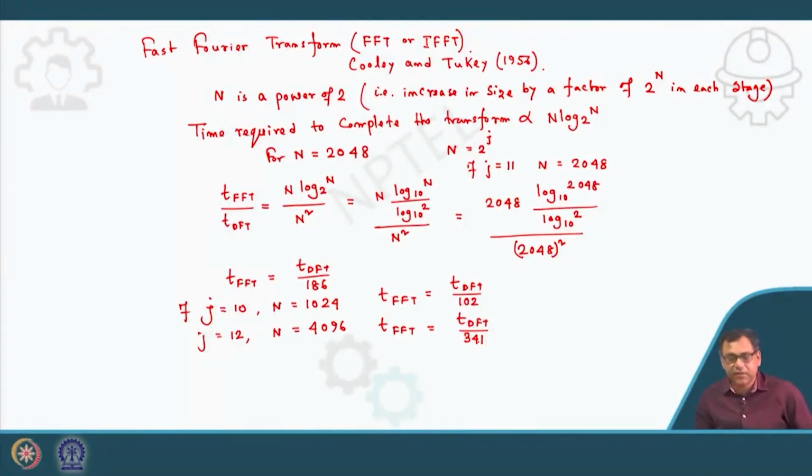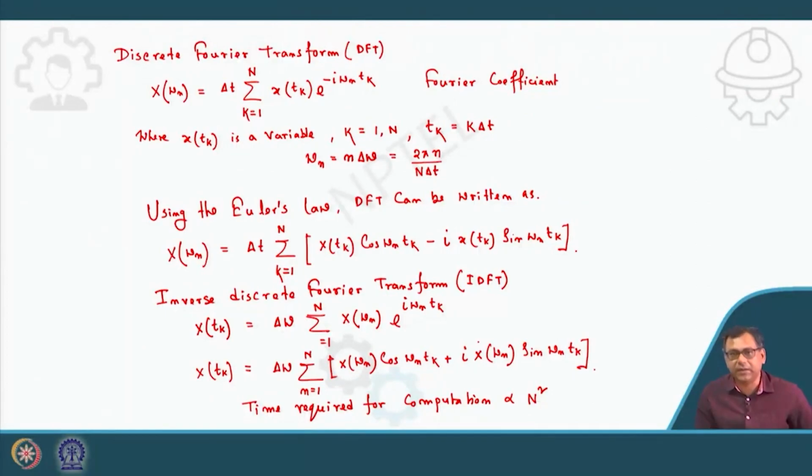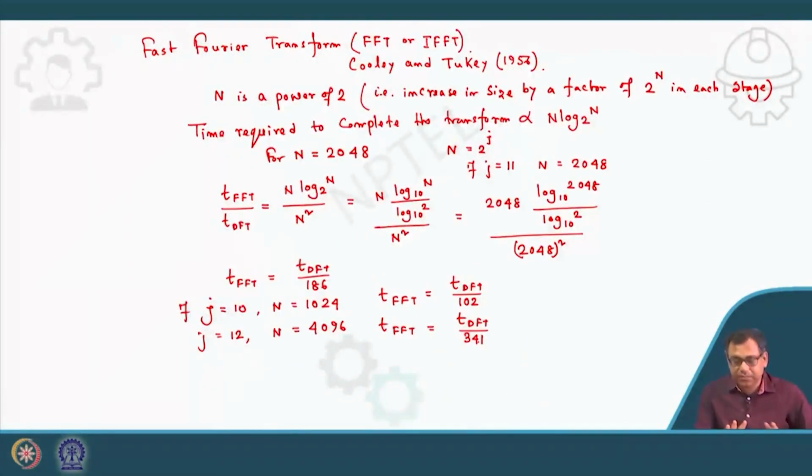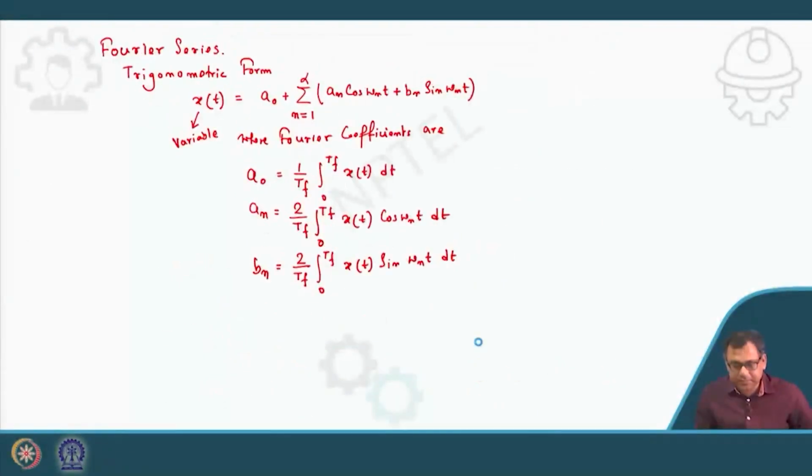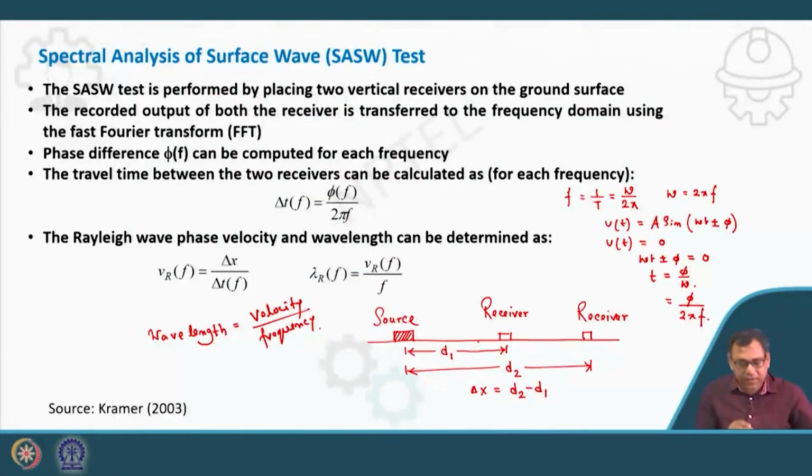That means this fast Fourier transform or inverse fast Fourier transform is the first algorithm proposed, and it is faster than the discrete Fourier transform DFT. So this is the Fourier transform that I have discussed. So you can see here that first the recorded output for both the receivers will be transferred to the frequency domain by using fast Fourier transform.